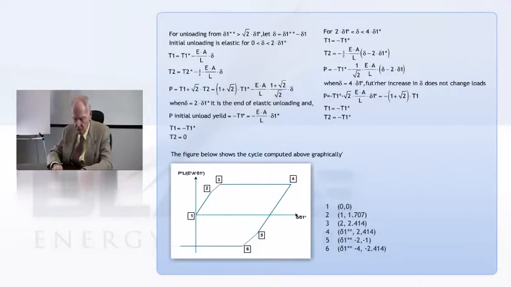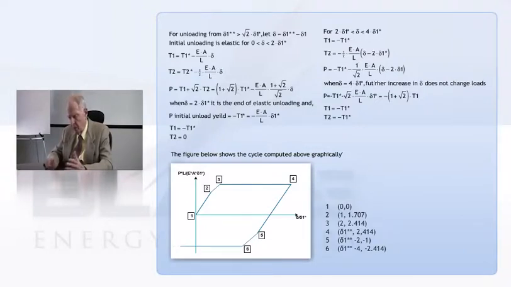Then we get up to point 3, and both bars have yielded. So I can keep on pulling because I'm using small displacement theory and all that. And I get out here to 4, and I decide now I'm going to take the load off, and not only that, I'm going to put it in compression. So when I start back from 4, the bars all unload.